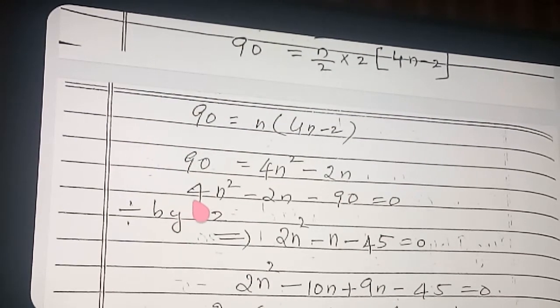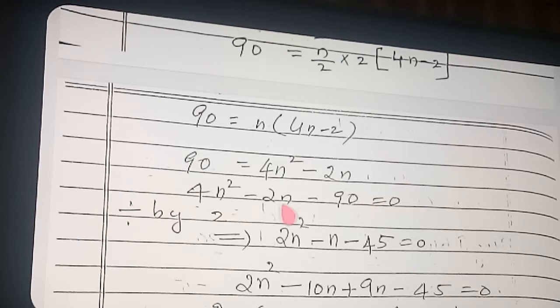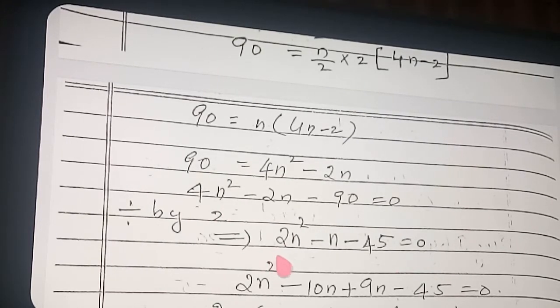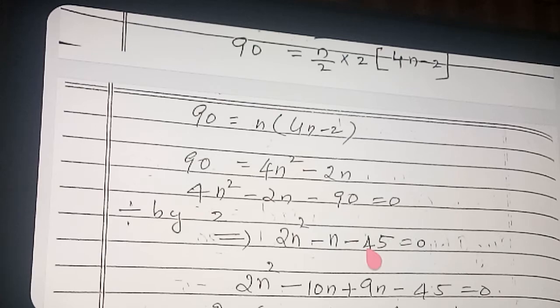You got a quadratic equation. Last year you studied polynomial factorization, same. So we will factorize this one. Is anything common in this equation? 2 is common, no? So I divide throughout by 2: 2n square minus n minus 45.